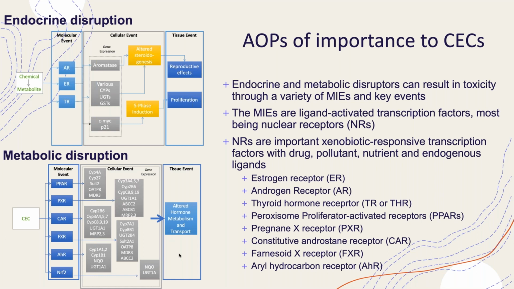So as you can see from these adverse outcome pathways, there are a variety of molecular initiating events, and these all fit into a category which are called ligand-activated transcription factors. So they recognize a particular chemical, and then they drive gene expression in response to that chemical. And one of the overlying families within these two adverse outcome pathways that are these ligand-activated transcription factors are called nuclear receptors.